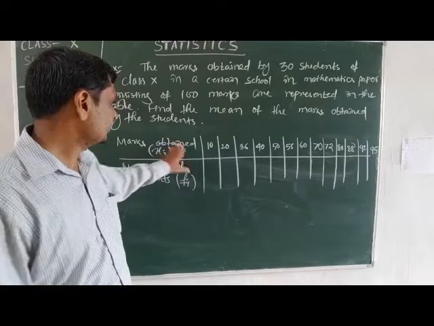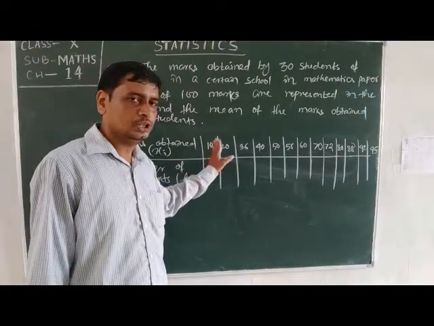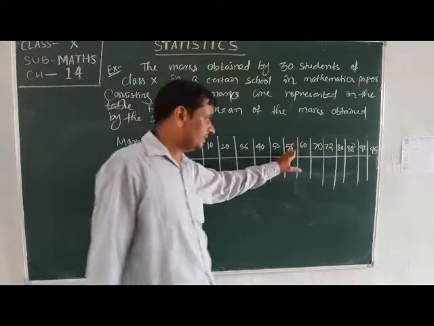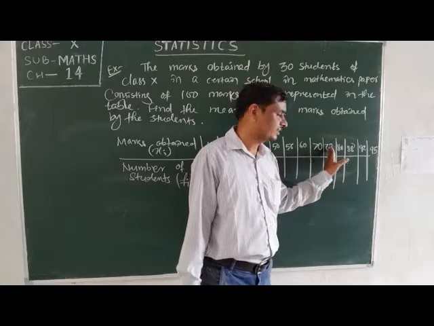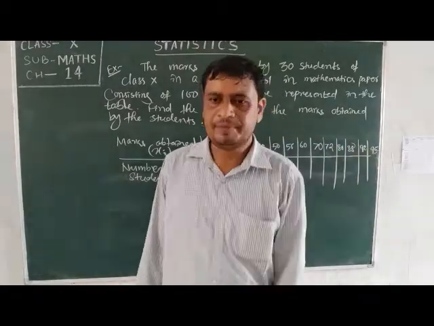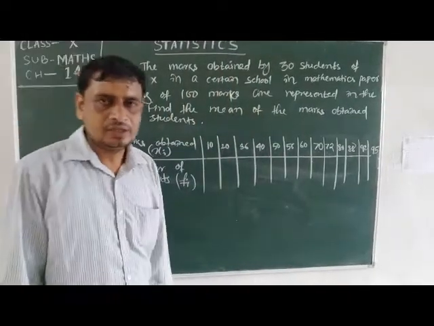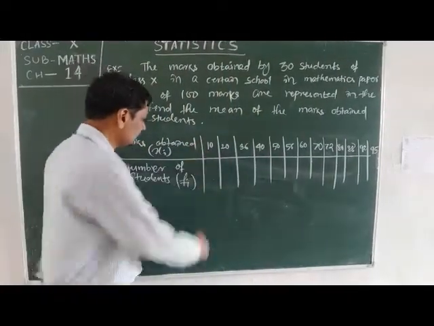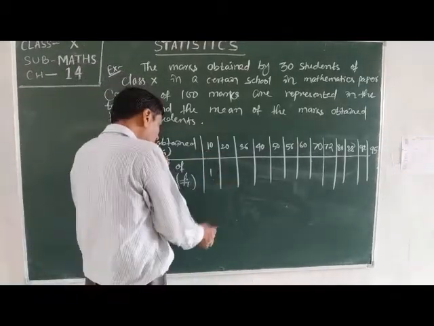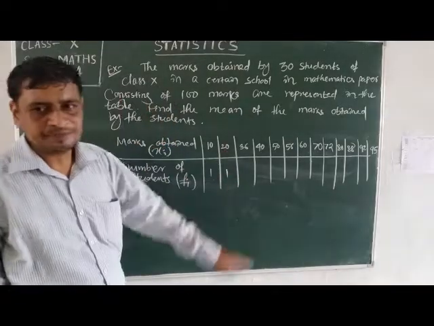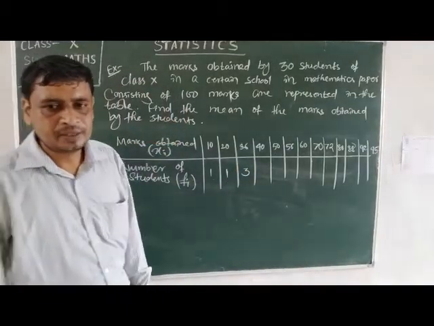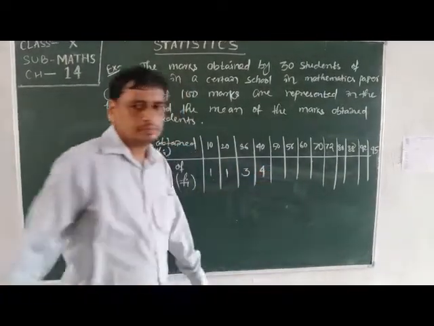Here, the marks obtained by the students are 10, 20, 36, 40, 50, 56, 60, 70, 72, 80, 88, 92 and 95. The number of students who obtained 10 marks is one. One student obtained 20 marks. 3 students obtained 36 marks. 4 students obtained 40 marks.